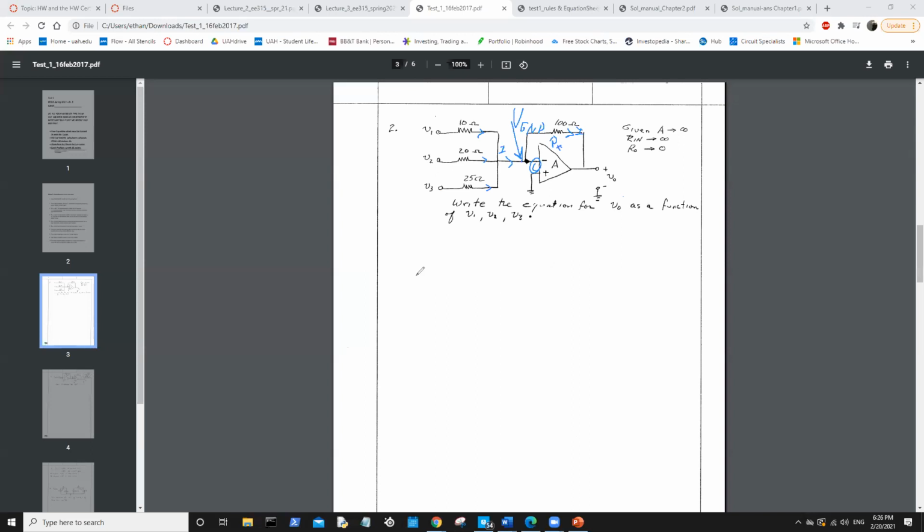The current through the feedback resistor would be (VI minus VO) over RF, and that becomes negative because the voltage VN that goes into the amp is 0, since it's ideal. You set the equation of all of the voltages and currents on the left side equal to negative VO over RF.